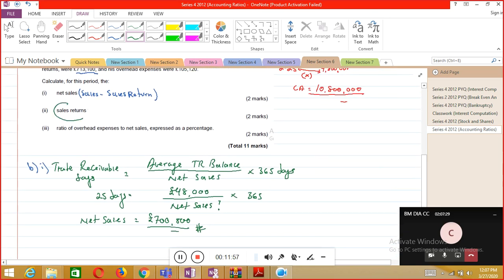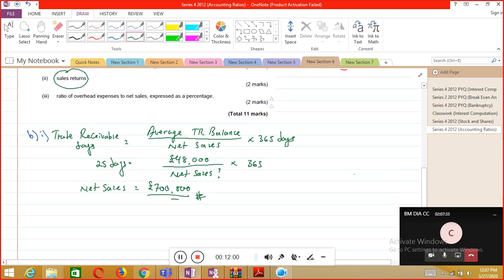Now they want sales return. Now we're going to use this formula and reverse back. Number 2. In your net sales, you take your sales minus sales return.